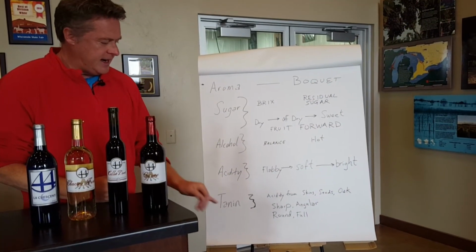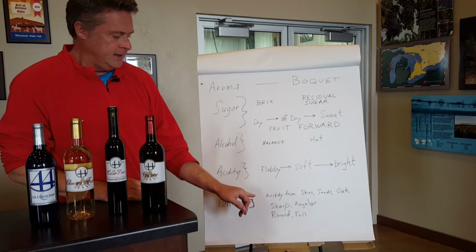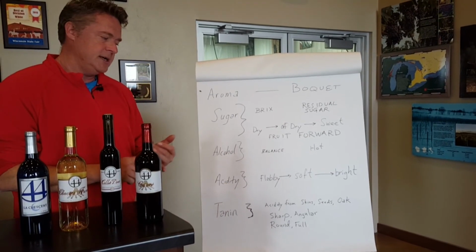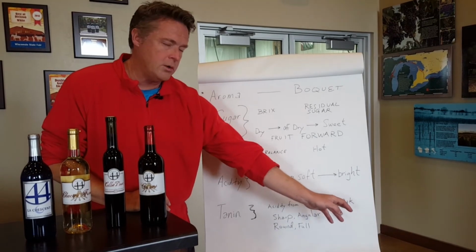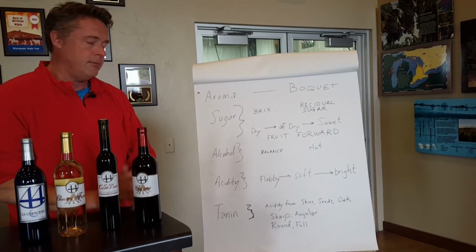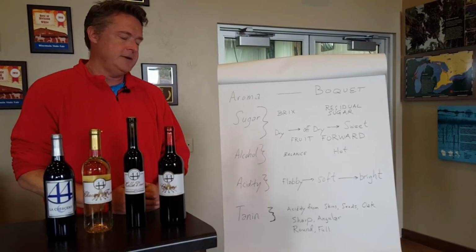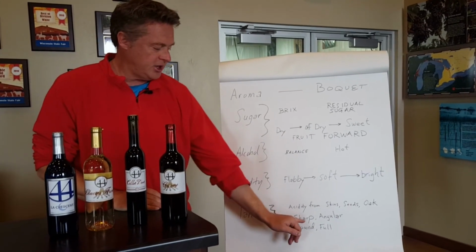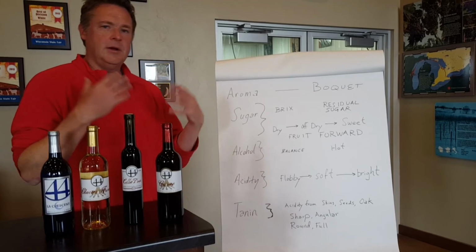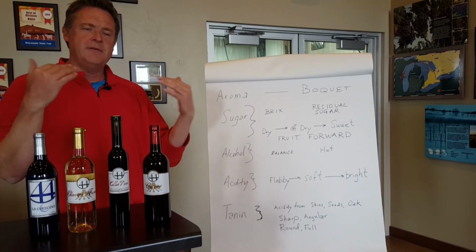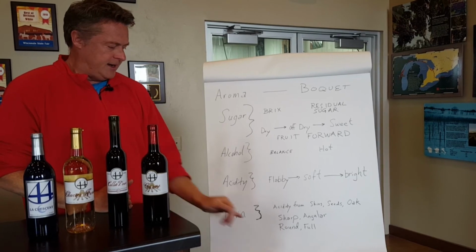And tannin, that is a reflection of natural acids that come from the skins, seeds, and the oak barrels that the wine may have been resting in. The terms that you often hear with tannin are sharp or angular, meaning the tannins are relatively young, they haven't really gelled together so that they feel soft on your palate.